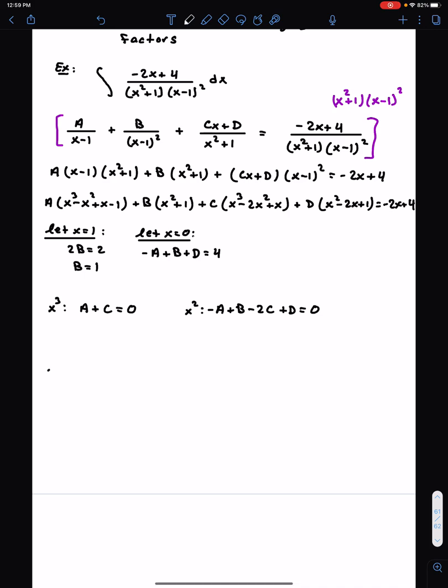If I look at the coefficients of x's, a plus c minus 2d is equal to 0.